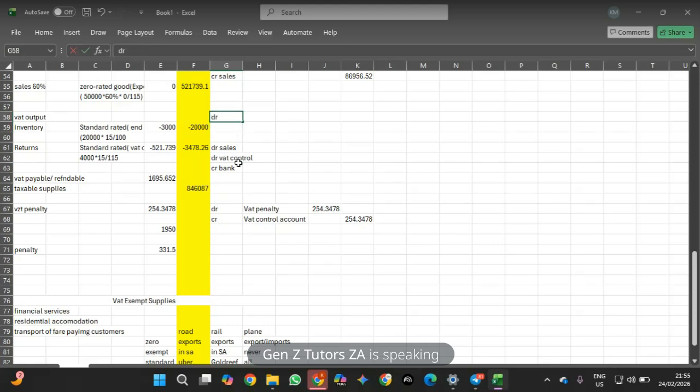Also debit inventory, and then debit also VAT control. Don't mind the spelling. And then you go and credit your bank, and you're sorted, right? So now there's nothing that you now don't know about VAT supplies.